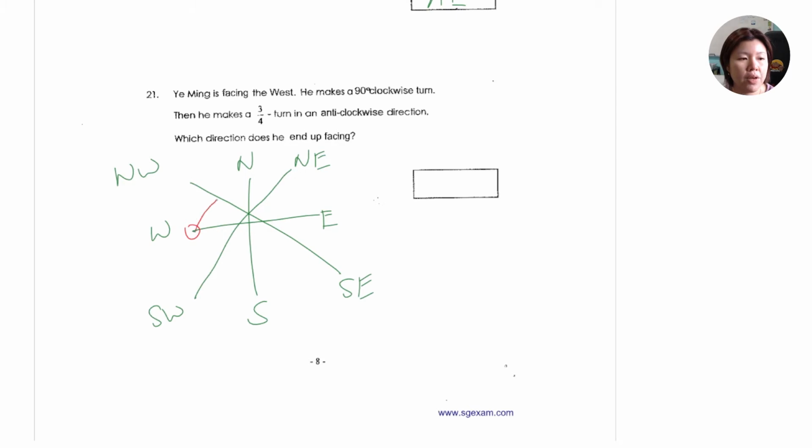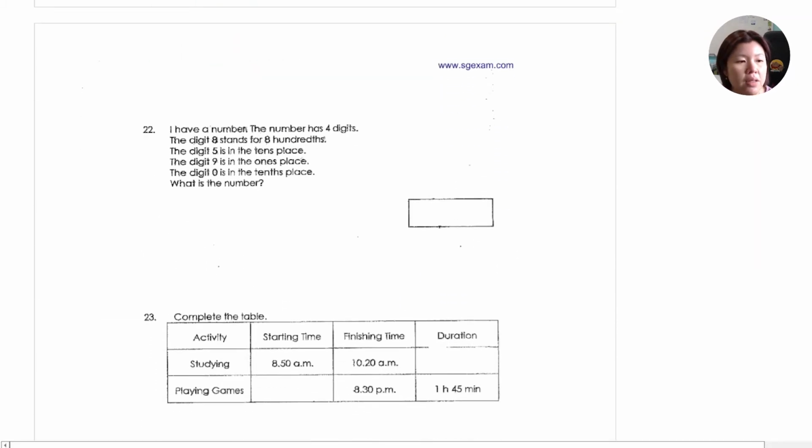So each time is 45, 90 is here. And then he makes a 3/4 turn in an anti-clockwise direction. So 3/4, I use another color, maybe black. Okay, so I'm now in north and I move anti-clockwise. So it's 1/4, 2/4, 3/4. So I'm facing east. Okay, next one.